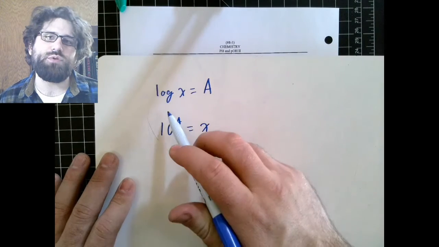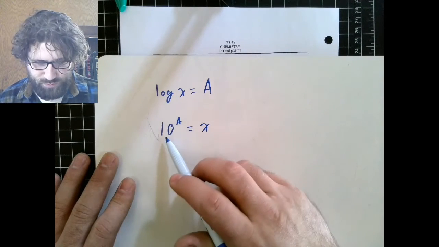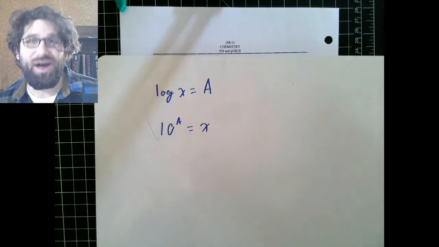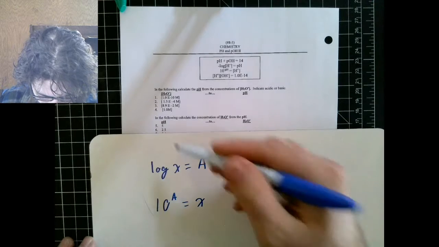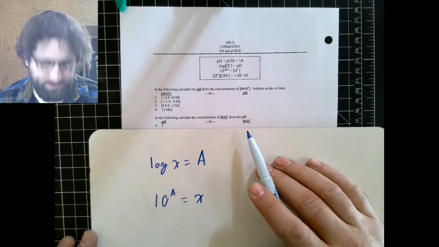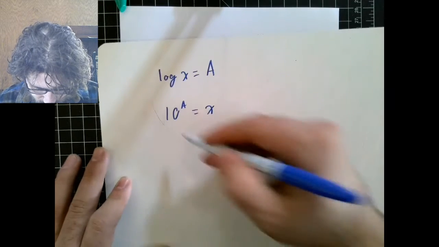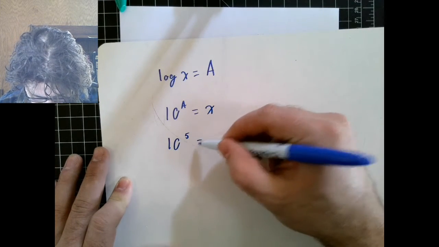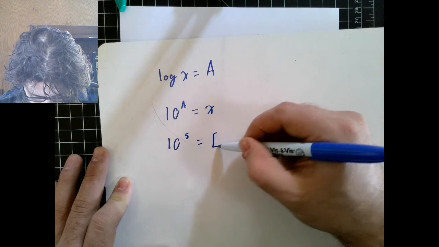That's the relationship between logs and exponents to the power of 10. So when we have a pH of 5, if I want to find the hydronium concentration, all I do is I take 10 to the negative 5th equals the concentration.